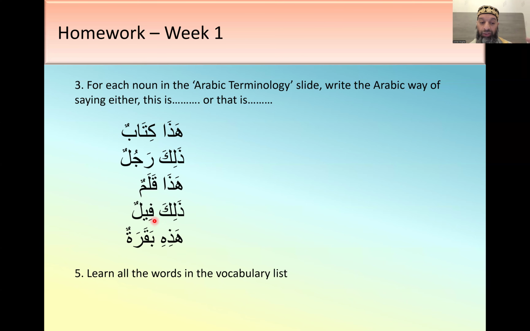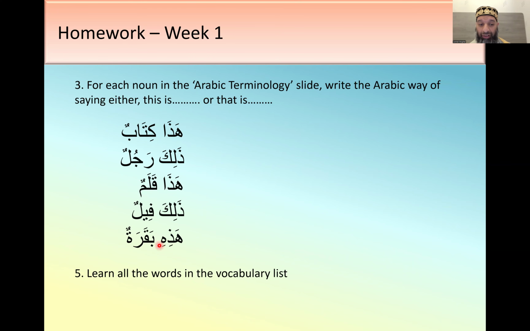Okay. Last one, ta marbuta here. So that means it's a feminine word. So you're going to either say هذه بقرة, or you're going to say تلك بقرة, because هذه and تلك are the feminine ways of saying this is and that is. An easy way to remember هذه is feminine. Look, it's got like a ta marbuta there.